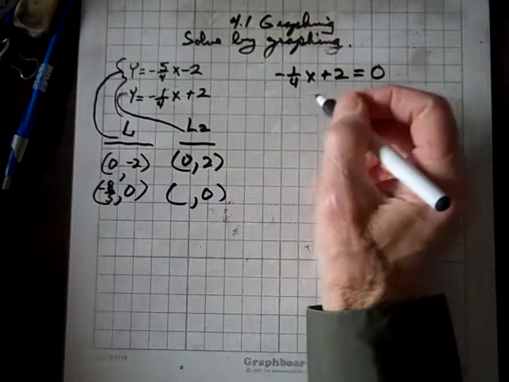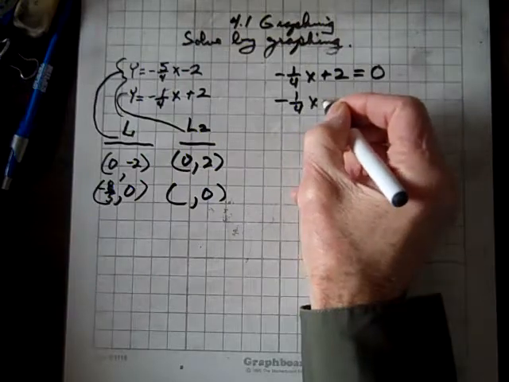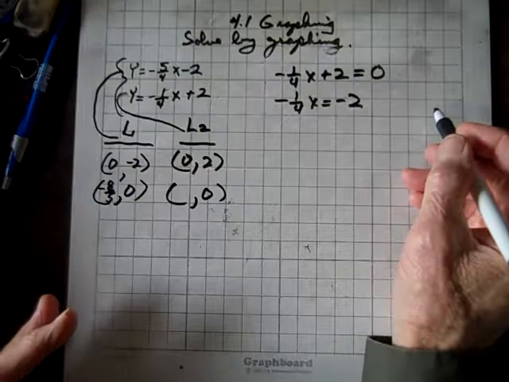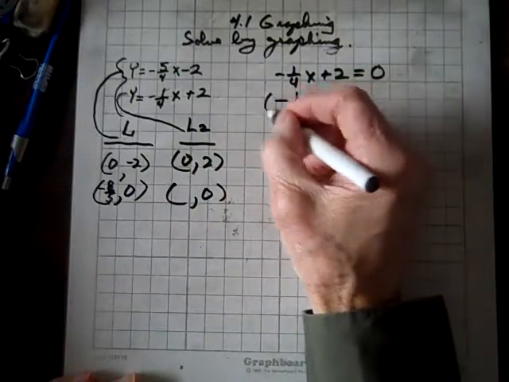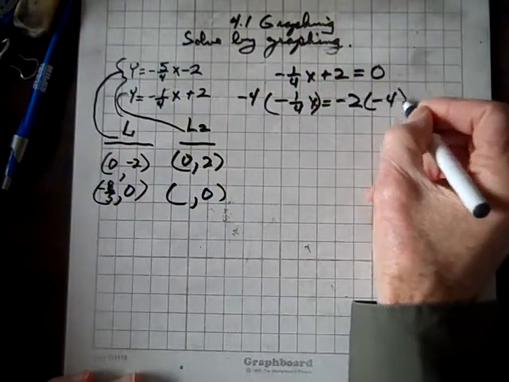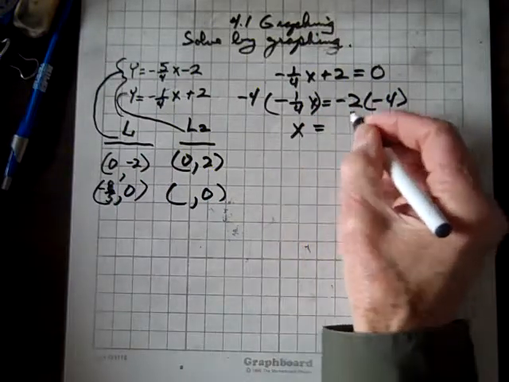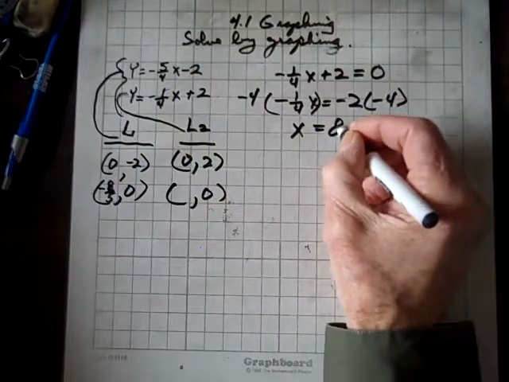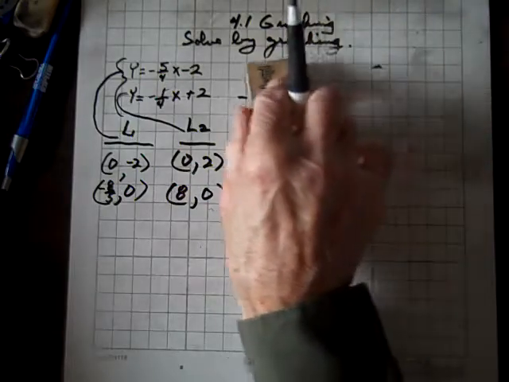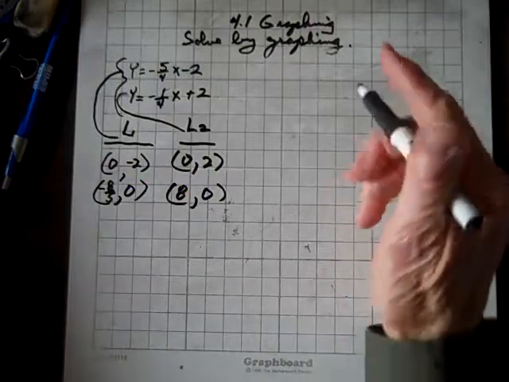We subtract 2 from each side, and we get -1/4 x equals -2. Then we multiply both sides by the reciprocal of -1/4, which is -4. The product of reciprocals is 1, and 1 times x is x, and -2 times -4 gives 8. So that's going to be 8. Good. Now we can go ahead and graph, and I think we'll be able to pick off the solution.